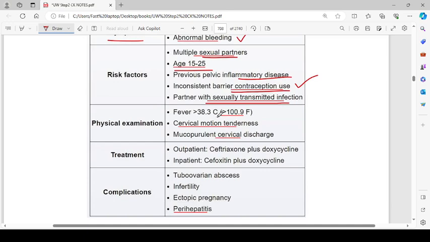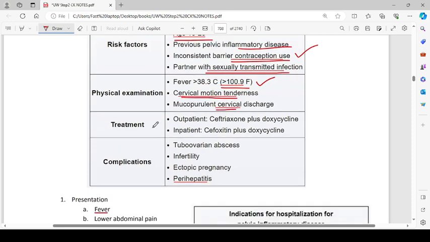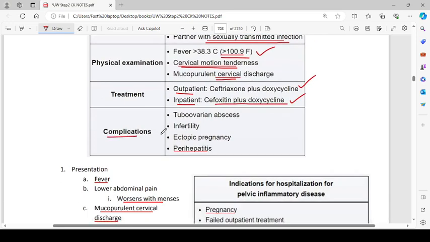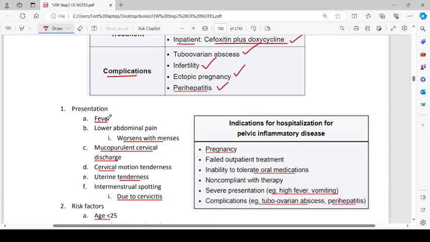Physical examination: fever more than 38.3, more than 100.9 degrees Fahrenheit, cervical motion tenderness, and mucopurulent cervical discharge. Treatment: outpatient with ceftriaxone plus doxycycline, and inpatient with cefoxitin plus doxycycline. Complications are tubo-ovarian abscess, infertility, ectopic pregnancy, and perihepatitis.